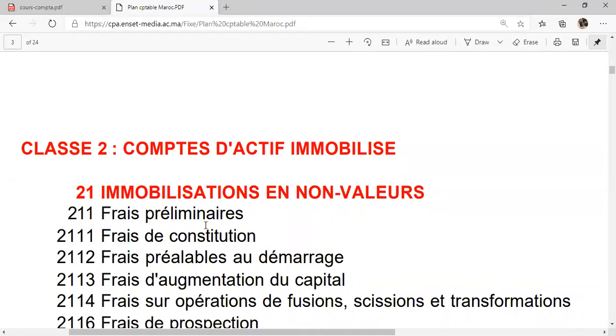The third figure would be the poste. The poste is the frais préliminaires. The first compte under this whole thing is the frais de constitution, which is the first four numbers. I hope that's clear, because this principle is going to build on to other things. So it continues class 1, class 2, and so on.